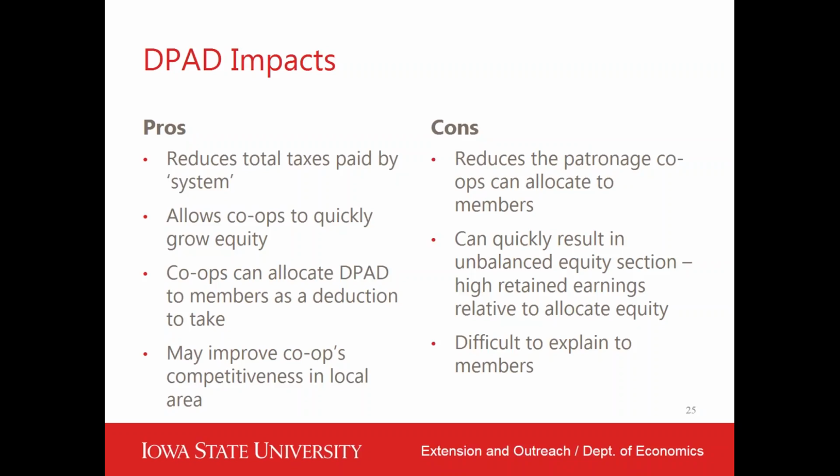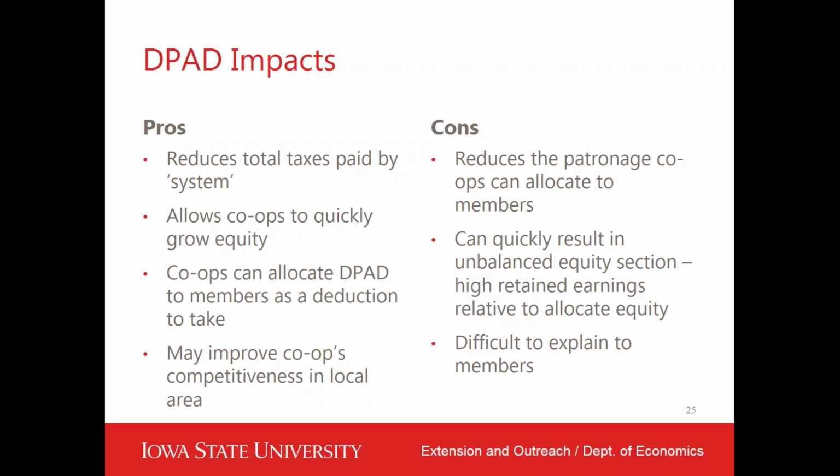Retained earnings has grown much faster than members' allocated equity has. So where we used to see, for example, maybe 60 or 70% member equity to retained earnings at 30 or 40%, now it's kind of flipped. In some cases it's 70 or 80% retained, unallocated reserves to maybe 30 or 40% member equity.